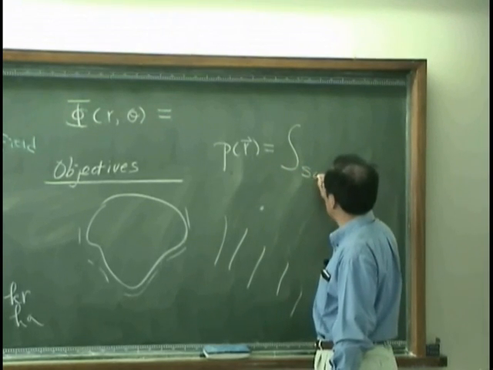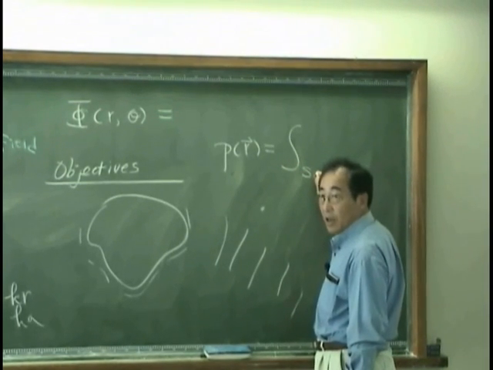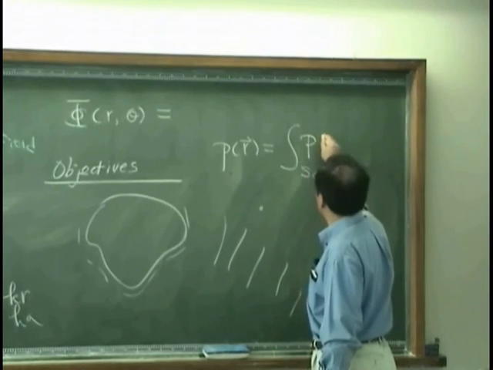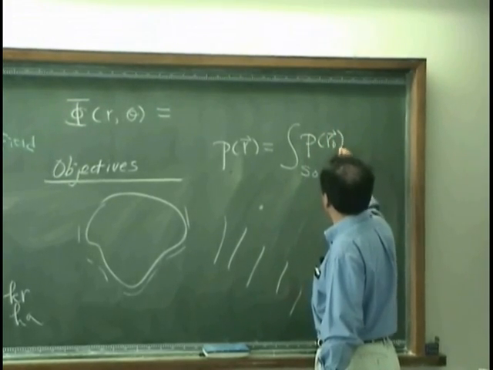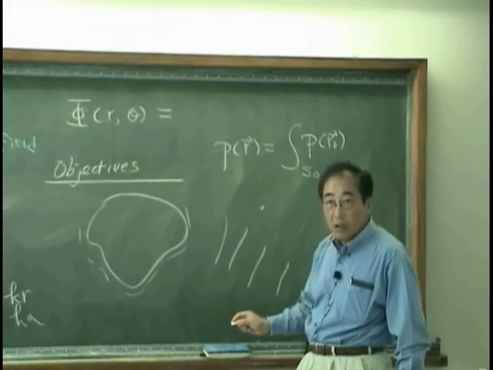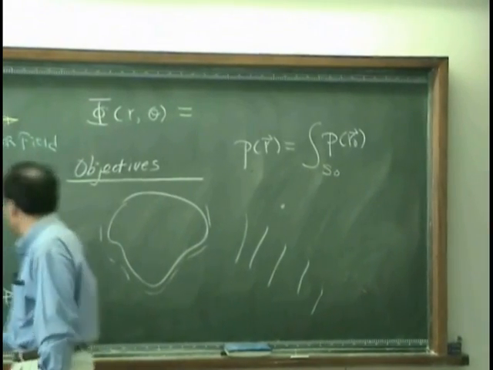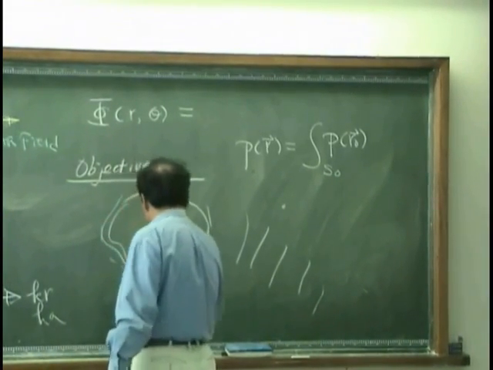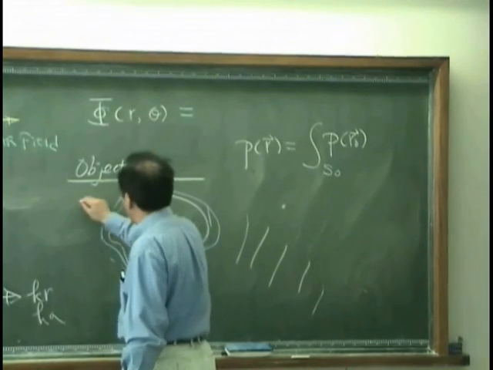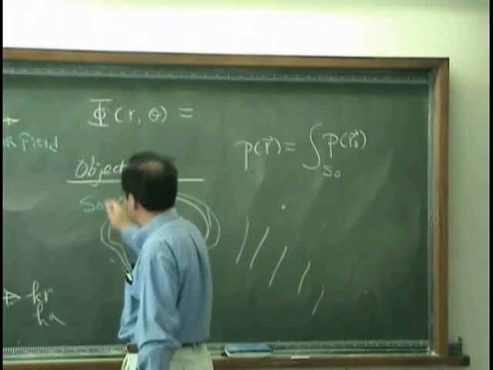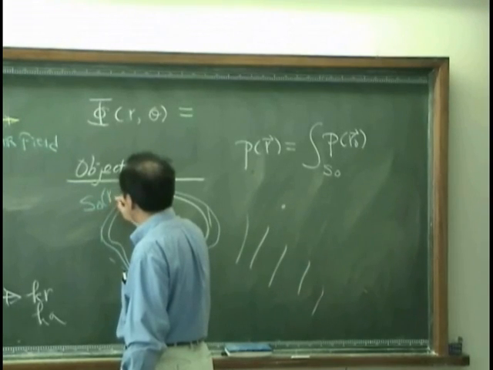Integration over the surface of the pressure on the surface. That means I have a surface S0 that is a function of r0.